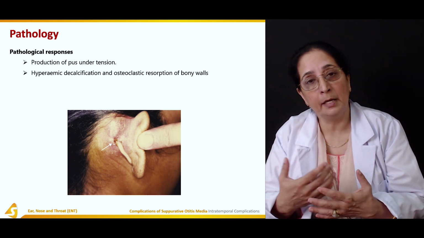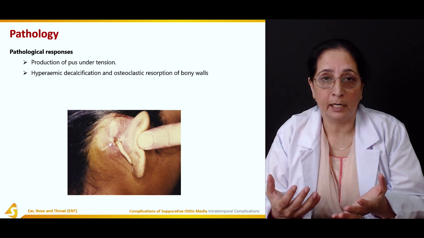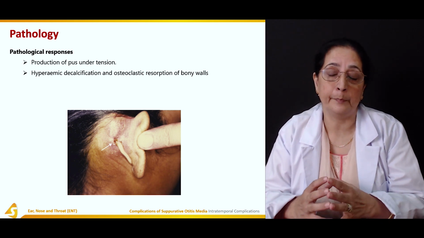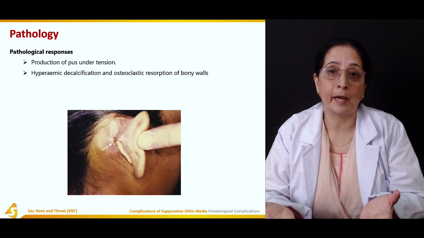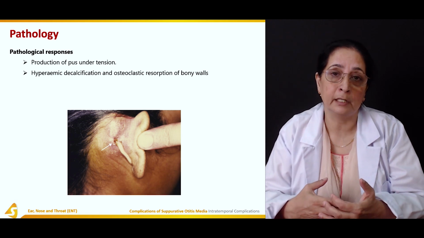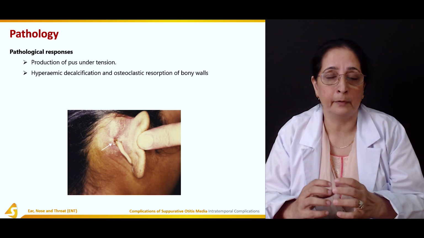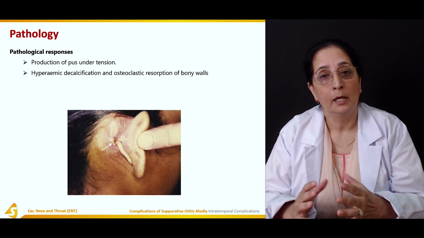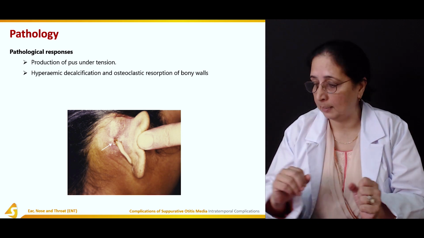Patients usually present with high grade fever with chills, rigors, and very bad pain associated with this. Once the abscess is drained, that tension is relieved and the patient feels better.